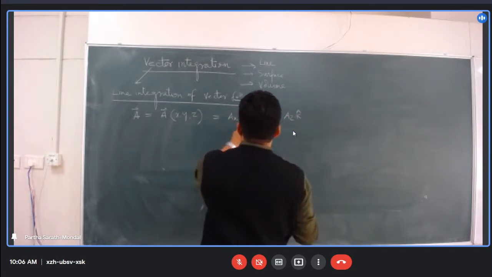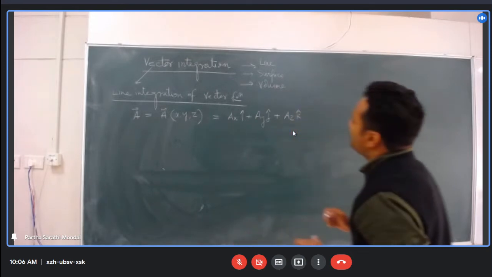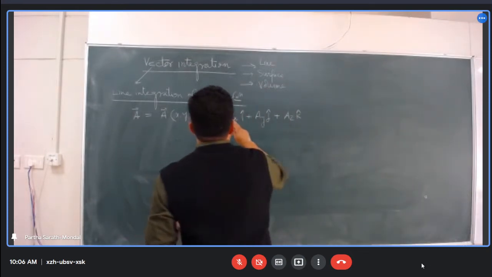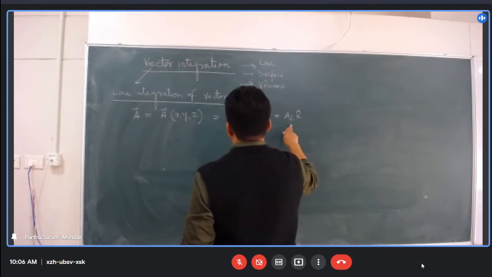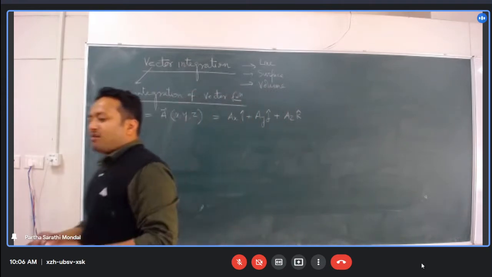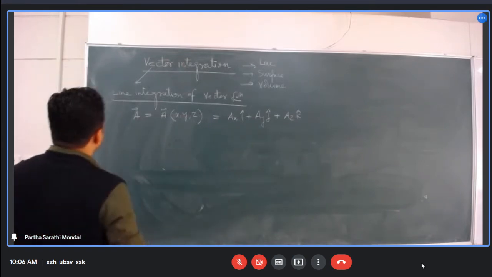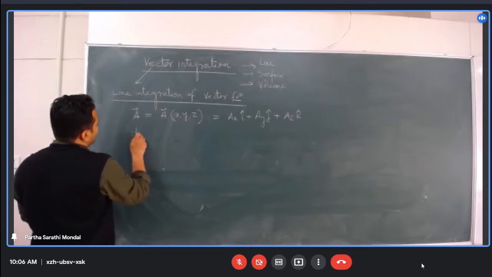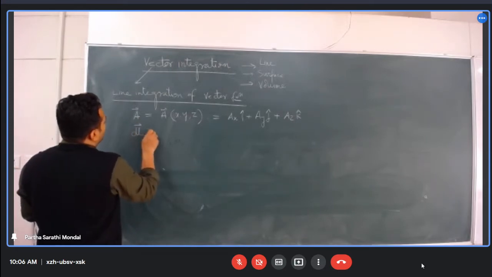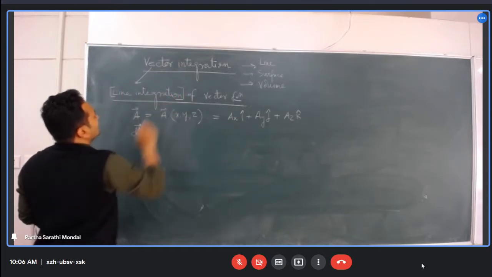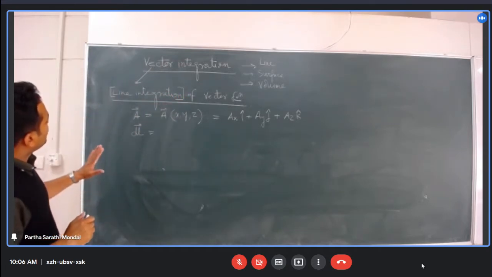Ax, Ay, Az are the components of the vector along 3 different directions, and these 3 components are actually functions of x, y, z. Now if you want to integrate something, you need a line integral. ये मैं सीधा बता रहा हूँ, इसका अंदर में उतना ज्यादा नहीं बता रहा हूँ.